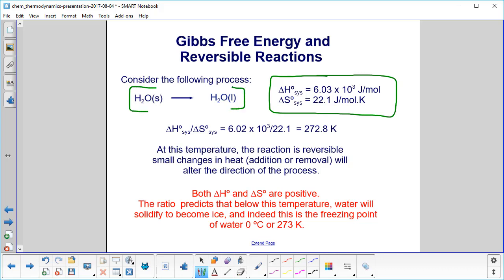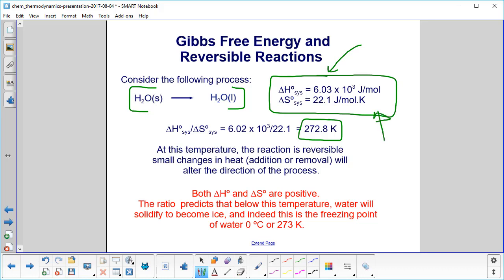Ice melts to water. We're going to take the ratio of delta H naught and delta S naught, like we've been doing the last few slides, and watch this number here, 272.8 Kelvin. That is the freezing point of water, or the melting point of ice. Just from these numbers here, how cool is that?